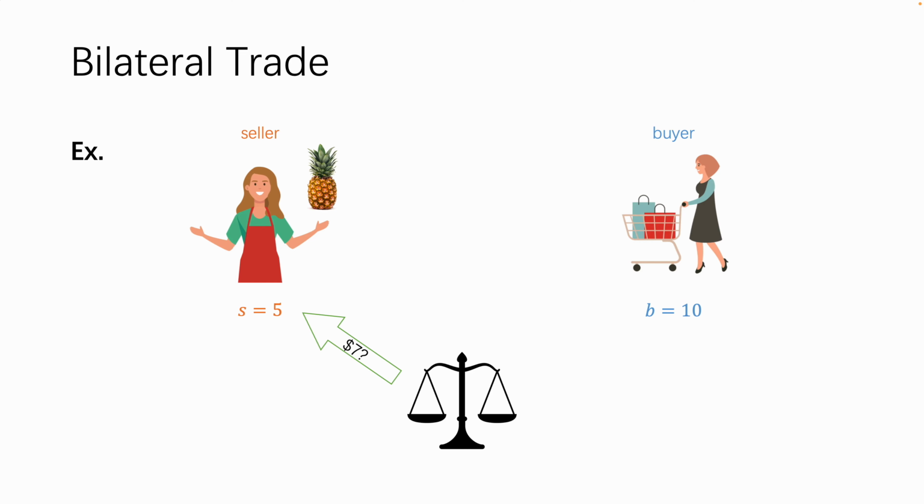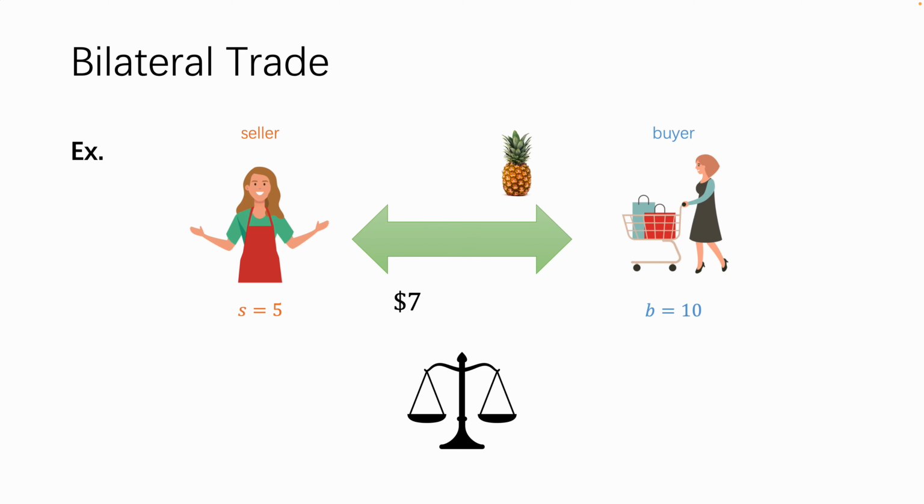The seller will say yes because the price is higher than her cost. The mechanism will then come to ask the buyer, would you buy the item if the price is $7? The buyer will also say yes because her value for this item is higher than $7. Then the mechanism would just let the buyer buy this item from the seller at a price of $7 and the trade happens.